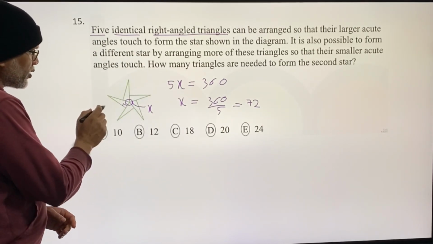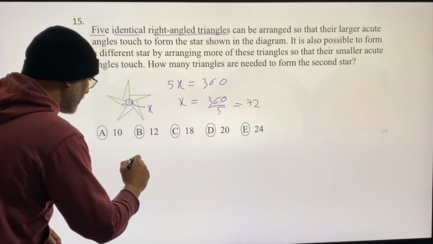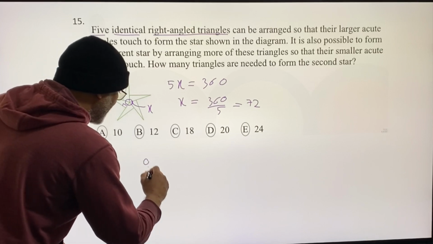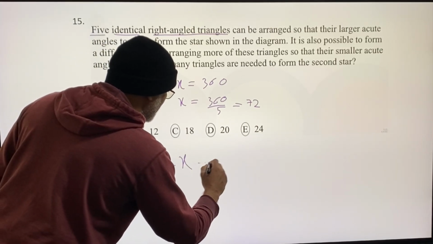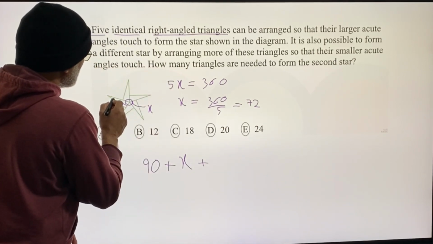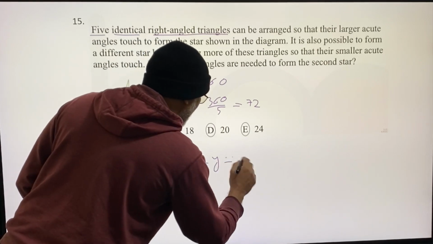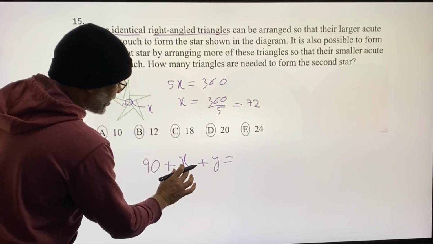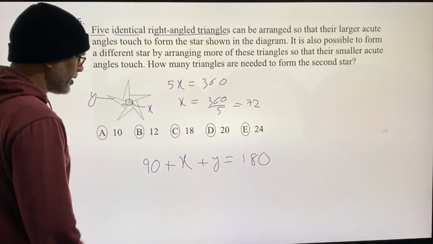All right. So let me take one triangle. For this triangle, the right angle is 90 degrees plus the larger acute angle is x plus, let me call the smaller acute angle y, plus y, and all the 3 angles of the triangle must add up to 180 degrees.